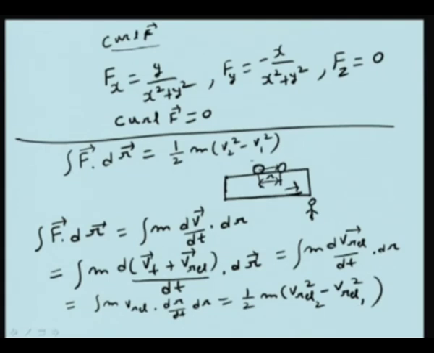In this case, v2 and v1 should be the relative velocities in the frame, not the absolute velocities. What happens if the frame is non-inertial? That means dvt by dt is not 0.